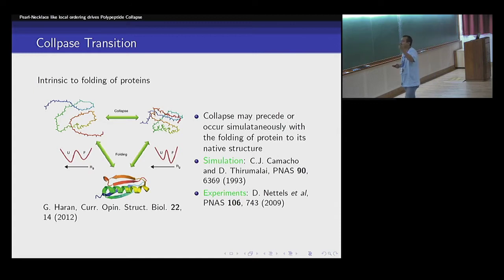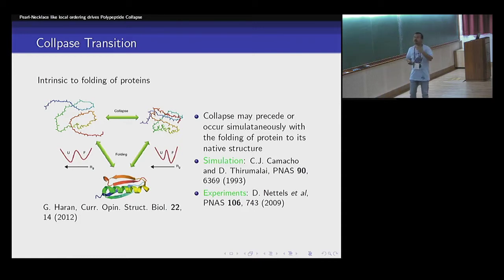It has been argued that an unfolded protein can fold to its native structure directly or via a collapse transition of the backbone. This has been explored via computer simulations as well as identified in experiments.